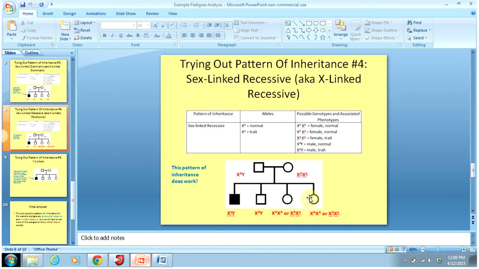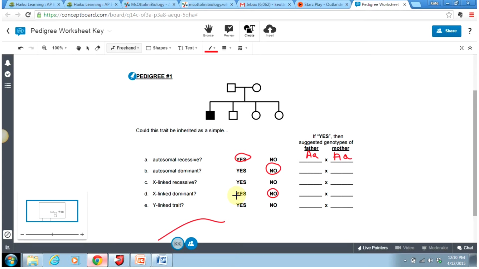Now for these two daughters, they could either be X big A X big A, if they got an X big A from each parent, or they could have received an X big A from their dad and an X little a from their mom. So we can't narrow down their genotype, but it looks like the entire thing works. So we're going to mark yes on our worksheet for X-linked recessive.